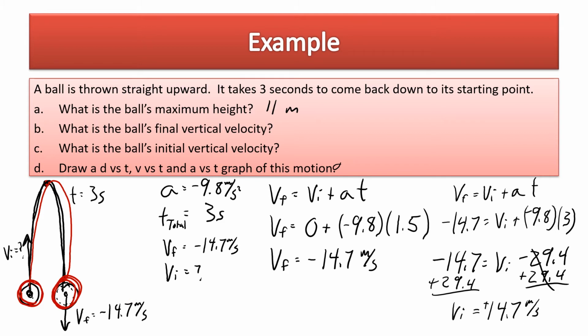You know what I'm getting at here? The total displacement for the whole path is actually 0 meters. We're no longer looking at, okay, this is here, tell me what the whole height is. No, if we decide to look at the whole path, then the total displacement should be 0 because it comes back to the same point.